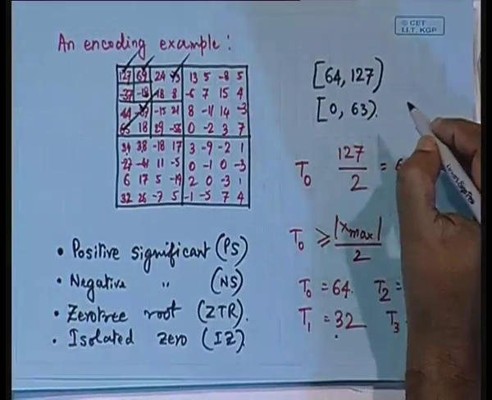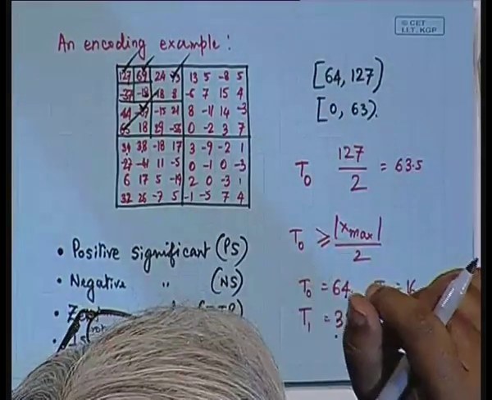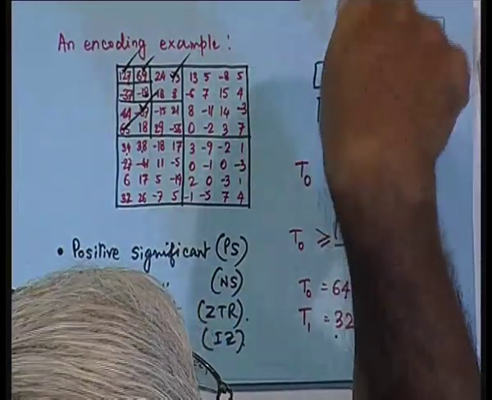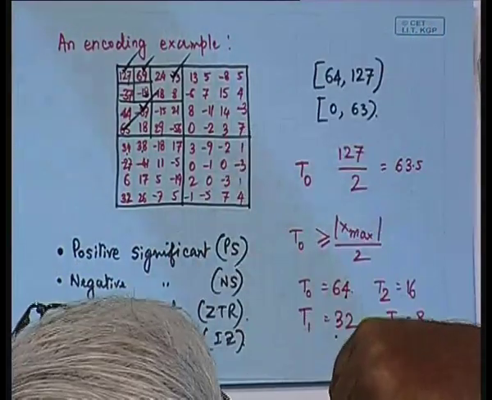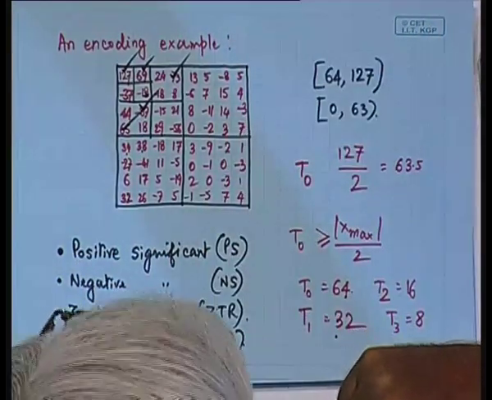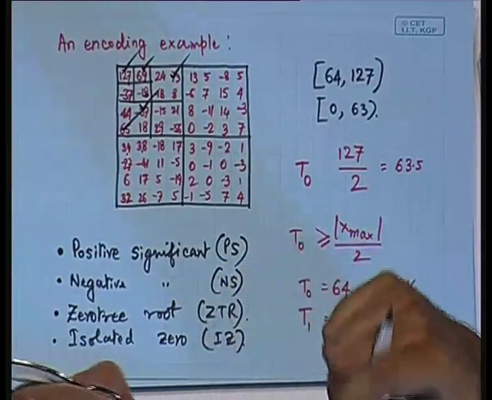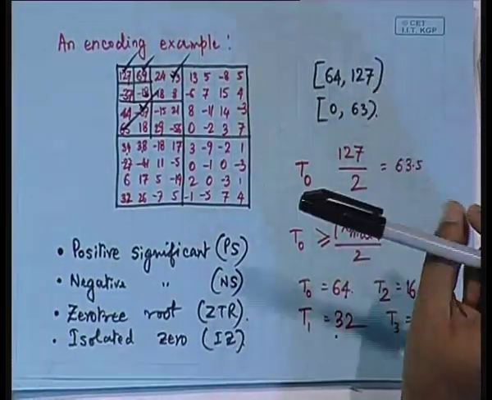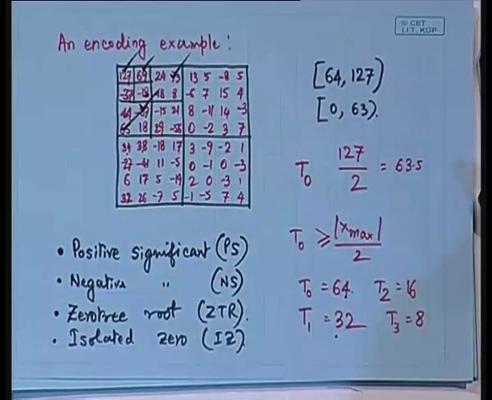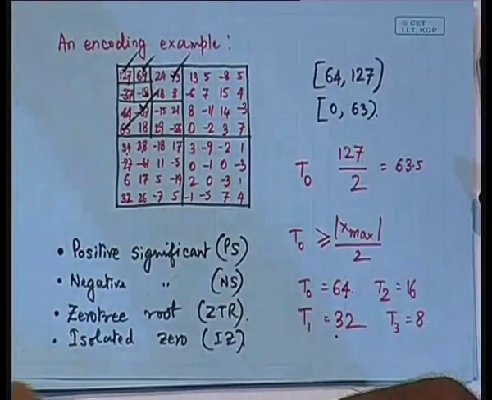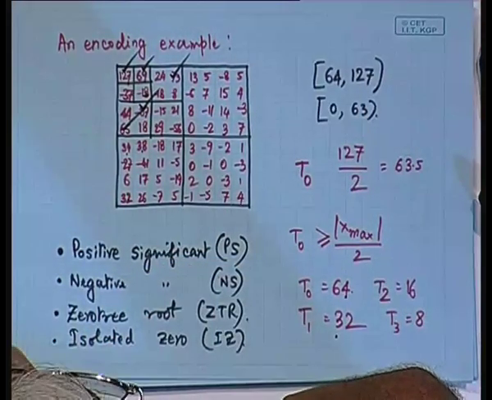So we are just subdividing into two such parts. Whichever is within 64 to 127, we can encode as some value in the middle of the range. Let us say we can encode it as 96, and 0 to 63 we can encode as 32.